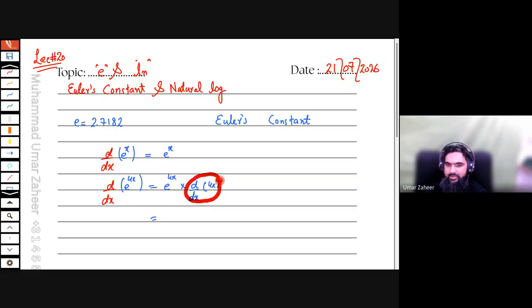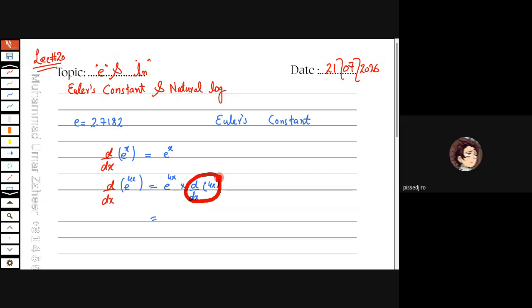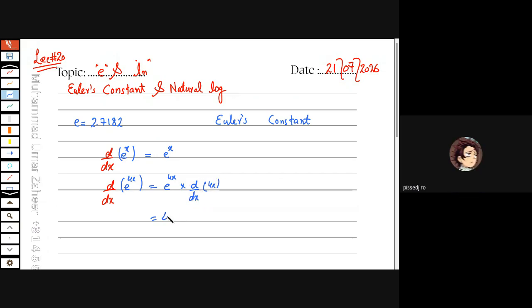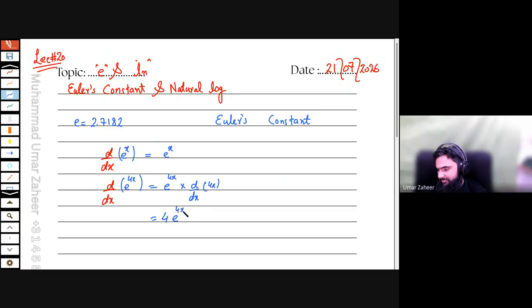The derivative of 4x is 4, because the derivative of x with respect to x is 1, and the constant stays at the start, so that will be the final answer. Here we multiply by the derivative of the power, but we know that the derivative of x with respect to x is always 1.